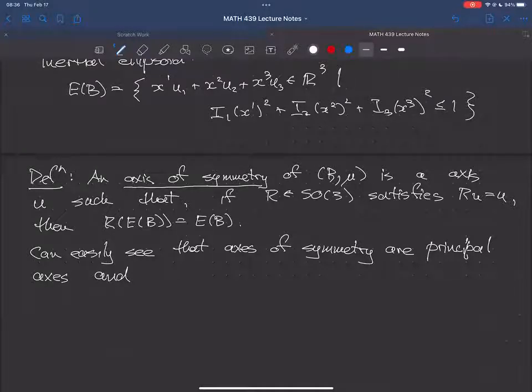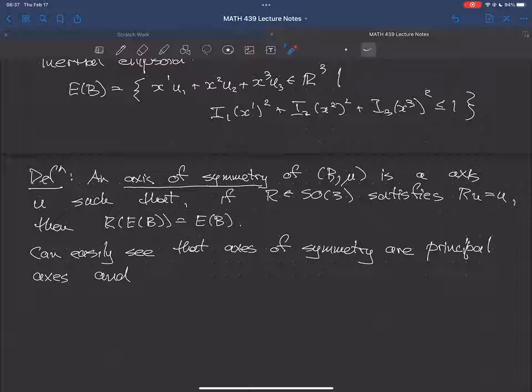So the inertial ellipsoid, well, it's an ellipsoid. And now this property, that you take a rotation that maps the inertial ellipsoid into itself, okay, that's a pretty particular property. If you take some randomly selected ellipsoid and you rotate it, generally speaking, that's not going to rotate into the ellipsoid itself, except for the identity rotation. Okay, and so the requirement that the inertial ellipsoid get mapped into itself is kind of non-degenerate. Okay, so when the body has an axis of symmetry, it's non-degenerate.